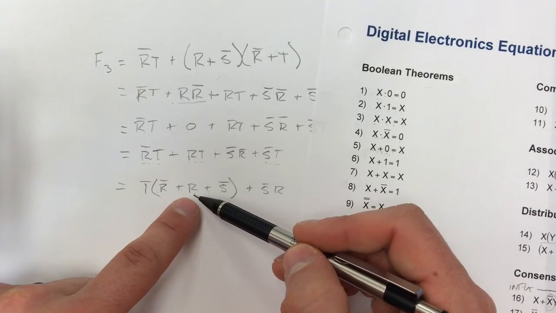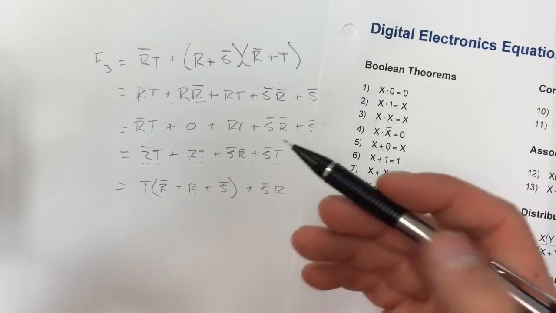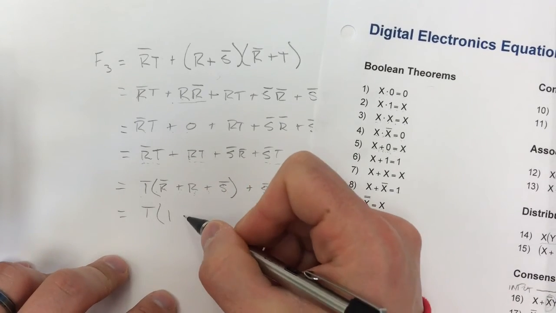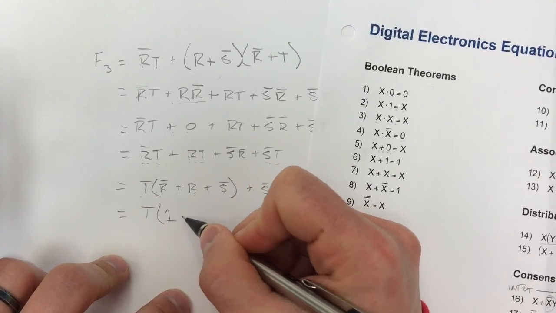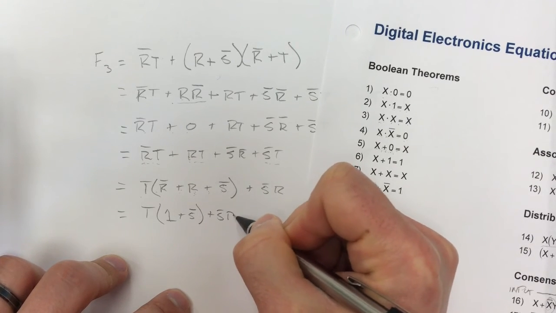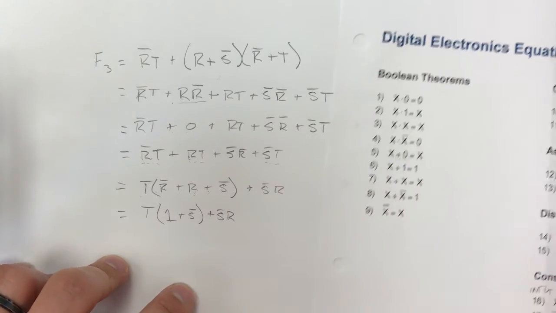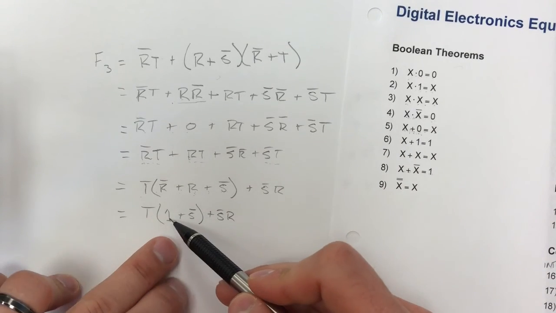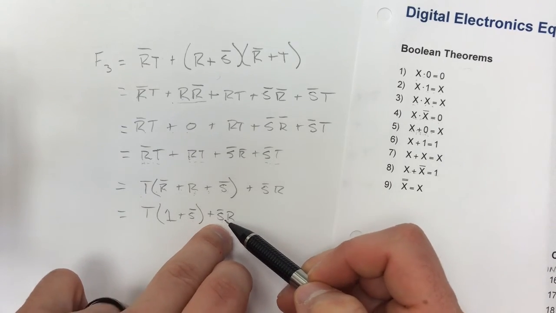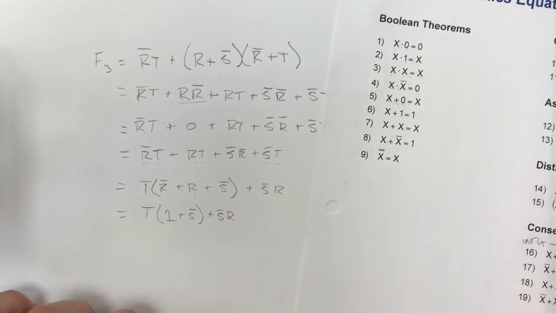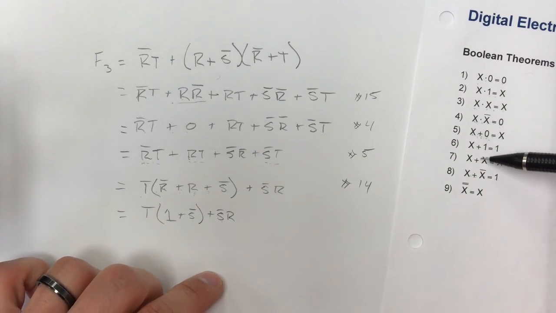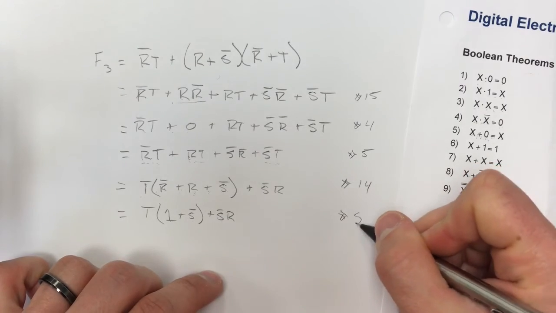R or R naught is what? 1. So we can break it down even farther and say T multiplied by the quantity of 1 or S naught plus S naught R. What this really says is T and 1 or S naught or S naught R. What theorem did we use for that? We used theorem number 8.